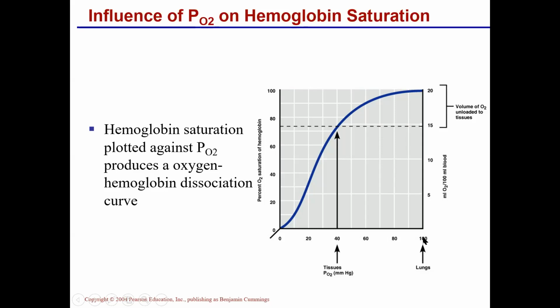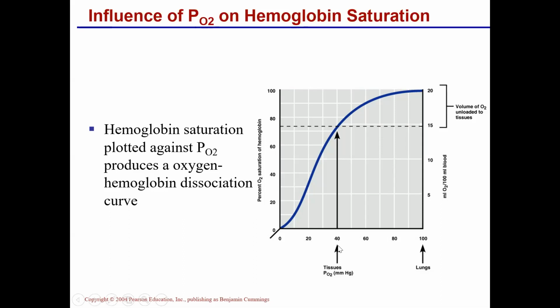If the partial pressure for oxygen is around 100 or 104, look at this, hemoglobin saturation is almost 100%. It's not 100%, but it's very close. This is what we call oxygenated, or oxygen-rich, blood. Now think about the tissue cells. The partial pressure for oxygen there is, do you remember, around 40.